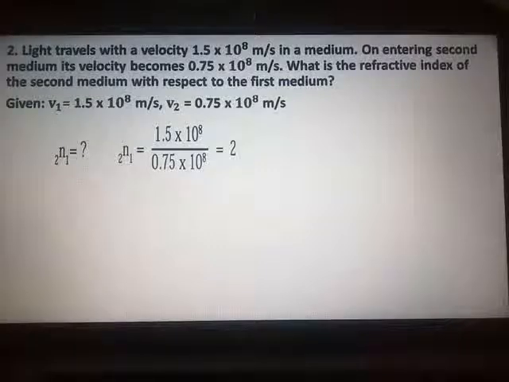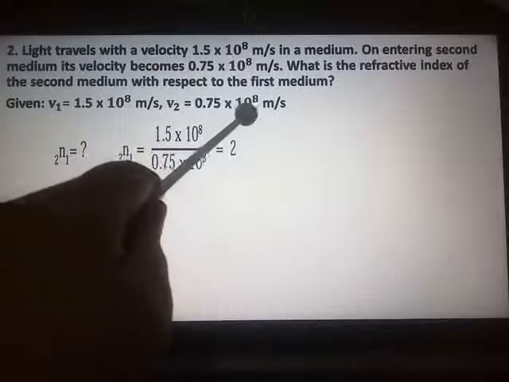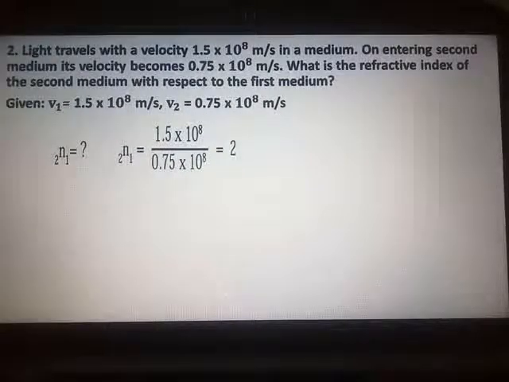So in the first medium, the velocity of light was 1.5 into 10 raised to 8 meters per second. When this light ray entered another medium, its velocity became 0.75 into 10 raised to 8. So V2 is 0.75 multiplied by 10 raised to 8 meters per second.